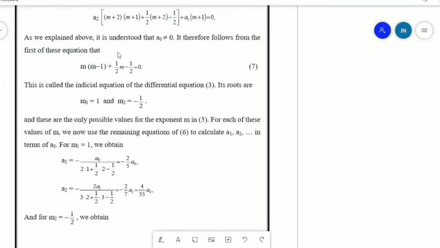From the recursive relation, solve the equations. Solve this indicial equation m(m minus 1) plus 1 by 2 m minus 1 by 2 equal to 0, where you will get the roots m1 equal to 1 and m2 equal to minus 1 by 2. Corresponding to these m1 and m2, you will get two solutions.